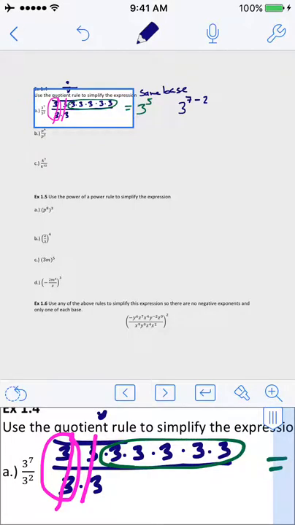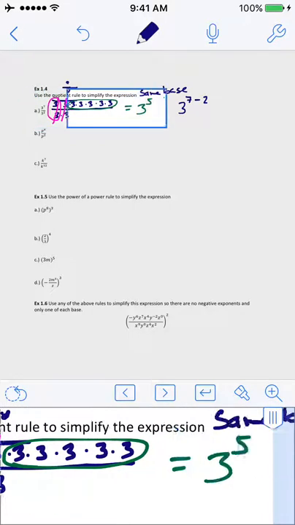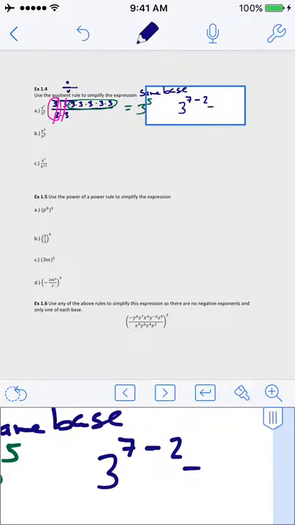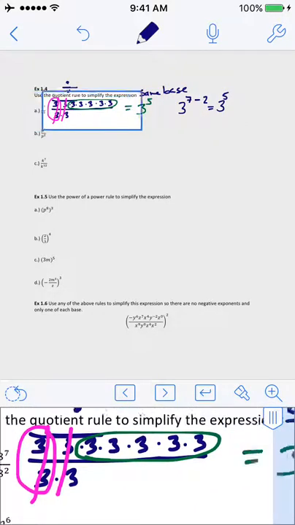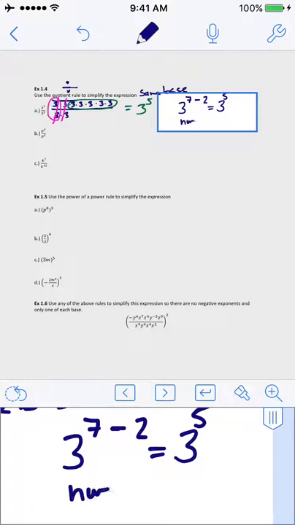We took off 2 because we ended up canceling 2. So 3 to the 7 minus 2 is 3 to the 5th. And you always subtract top to bottom. Always subtract numerator minus denominator. Sometimes, yes, you will end up with a negative number, but then you just apply the negative exponent rule, right? And then you've got 1 over whatever. But here you always subtract numerator minus denominator. I'm going to write that a little clearer.